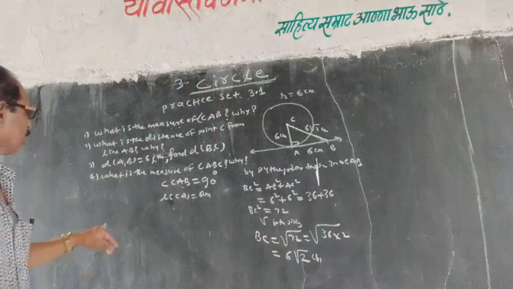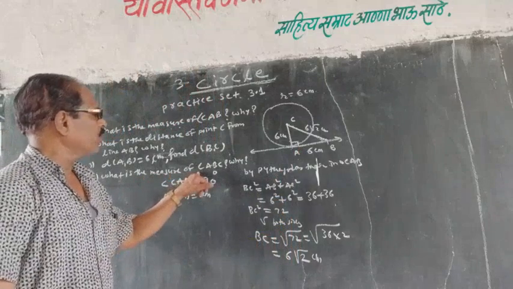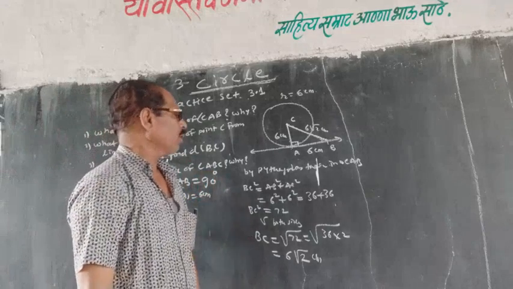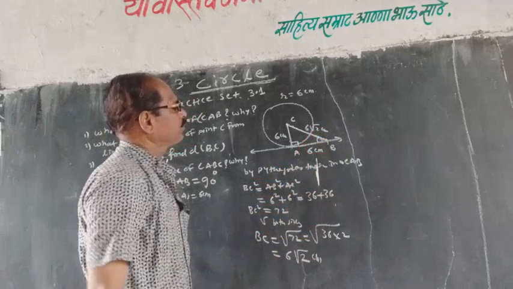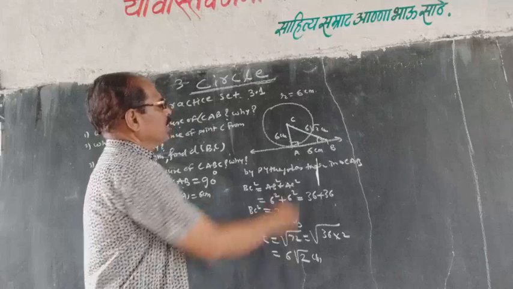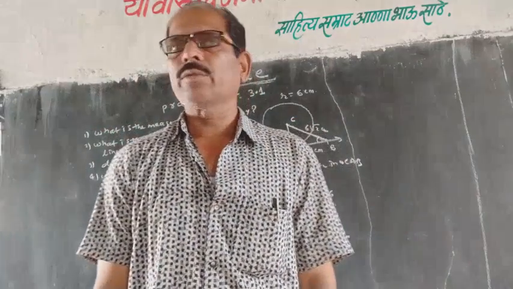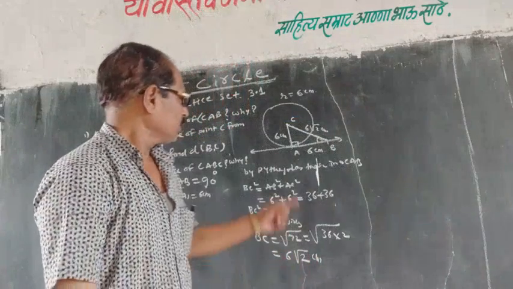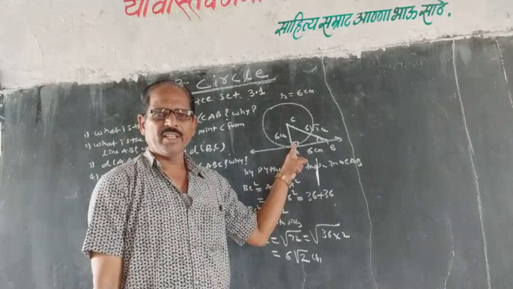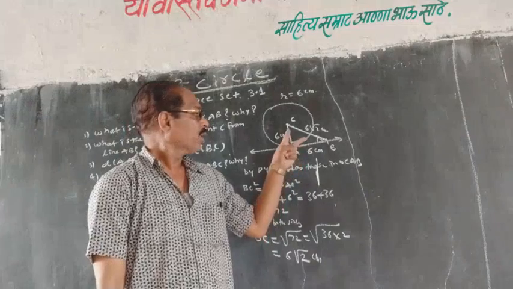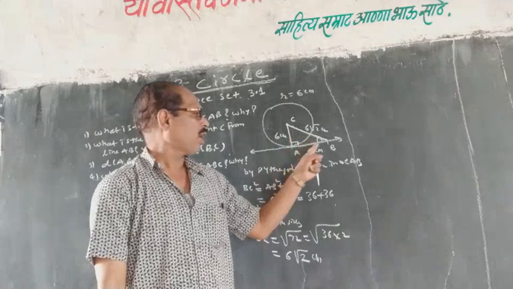And last question, what is the measure of angle ABC and why? The sum of the angles of a triangle is 180 degrees. Angle A is 90 degrees. 180 minus 90, remaining 90. The measure of these two angles is 90. We have to find ABC.